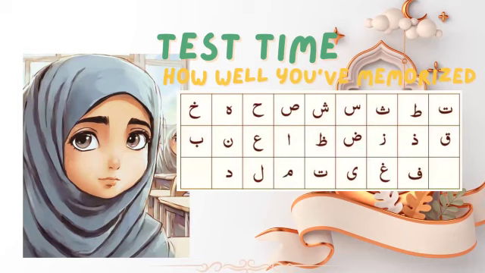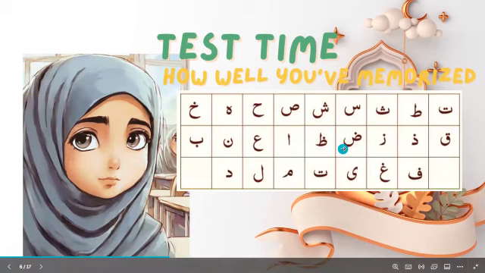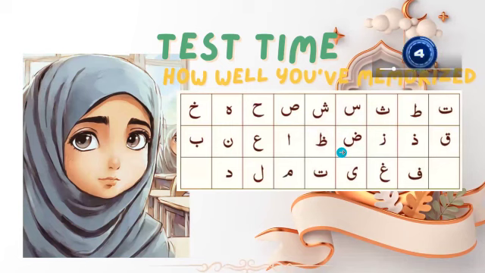Now, here is a little test to see how well you have memorized the letters and if you can spot the letters. Which letter is this? Dad. How about this one? Ghain.